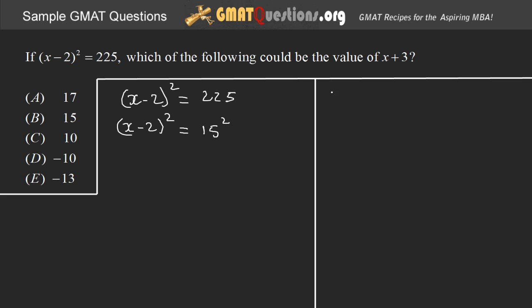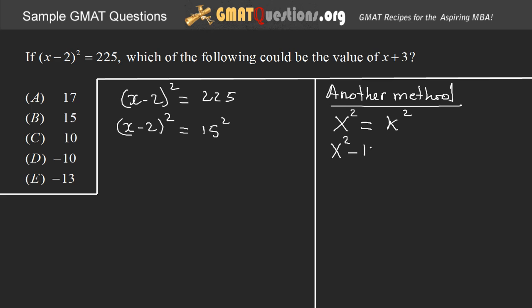So again, this is another method. What we're going to do here is to say that if you have in general x squared equal k squared, then we can say that x squared minus k squared equals 0, and we're going to do a factorization.